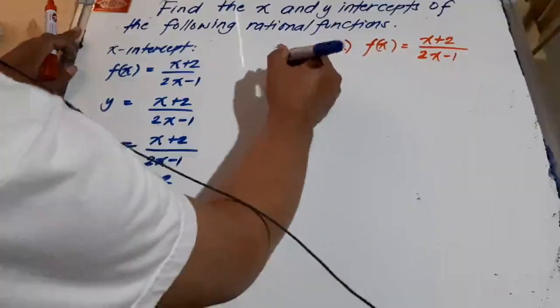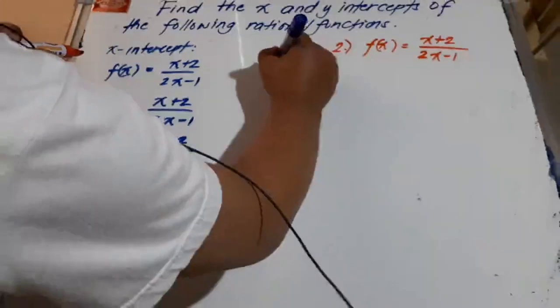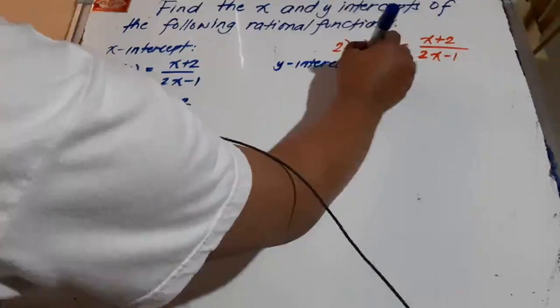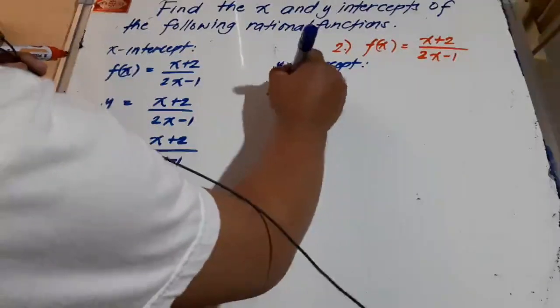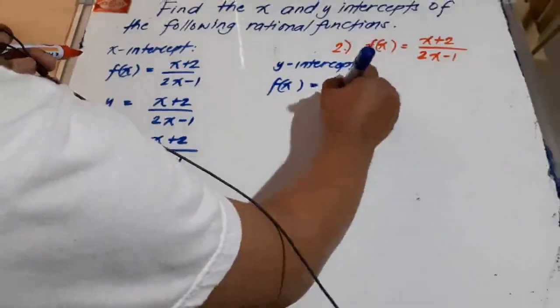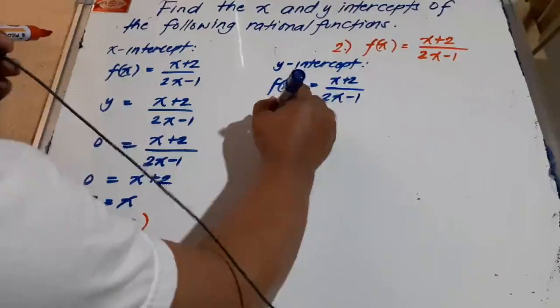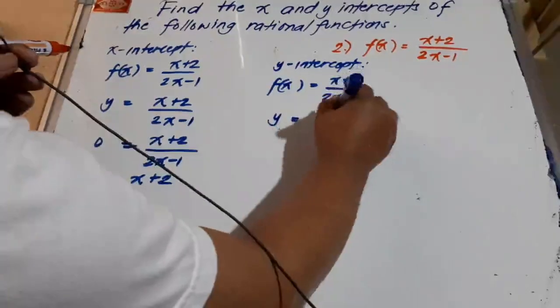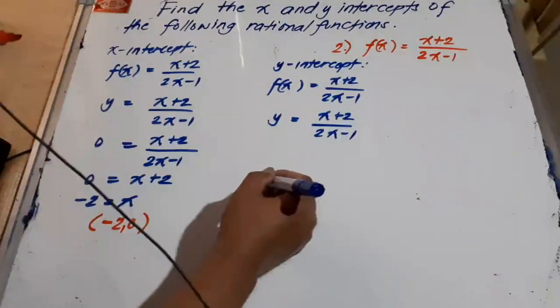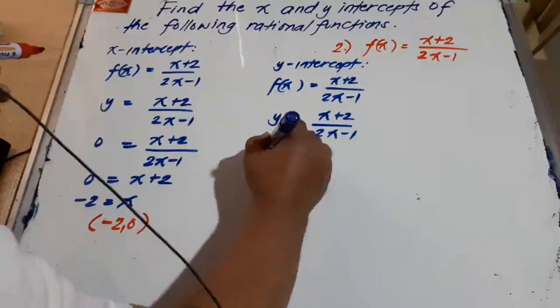Para naman sa y-intercept, okay, we have f of x equals x plus 2 over 2x minus 1. I'm going to replace f of x by y. We have y equals x plus 2 over 2x minus 1. Again, let x equal 0.